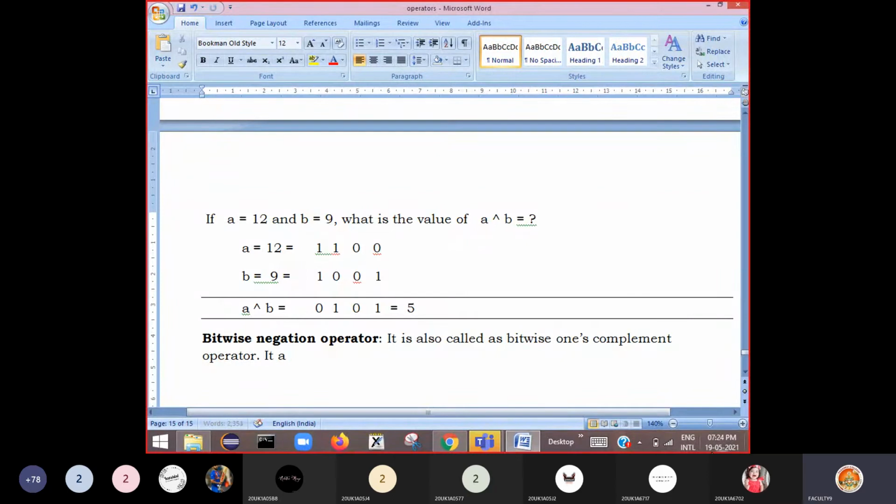Please remember it is a unary operator. Unary operator means it requires only one operand.